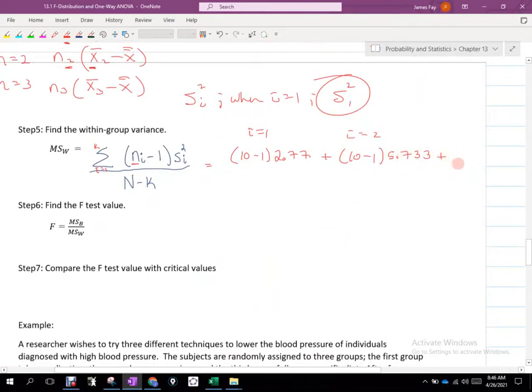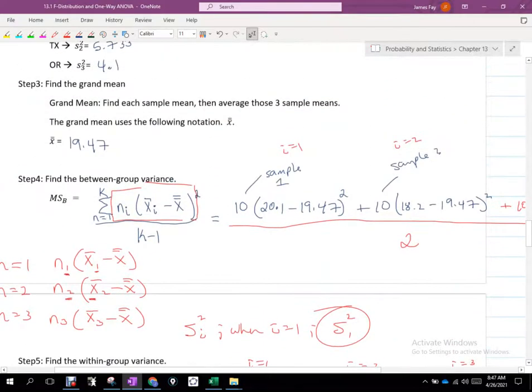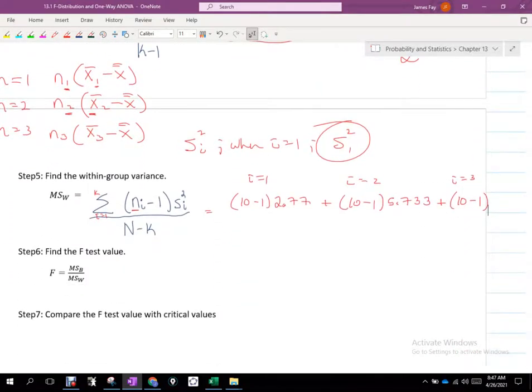And then we will add to that, when i is 3, the sample size of sample 3, minus 1, times the variance of sample 3, which I think was 4.1. Yeah, times 4.1.